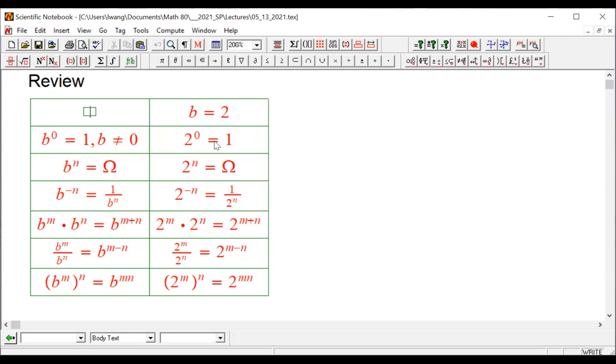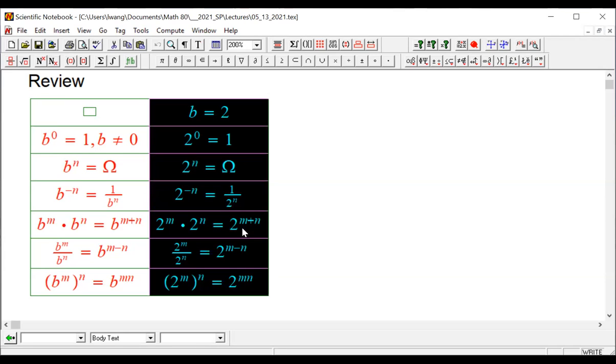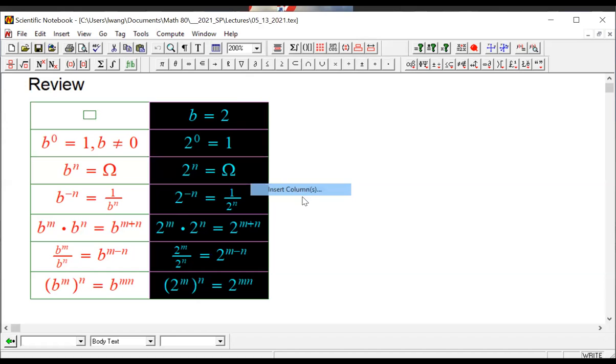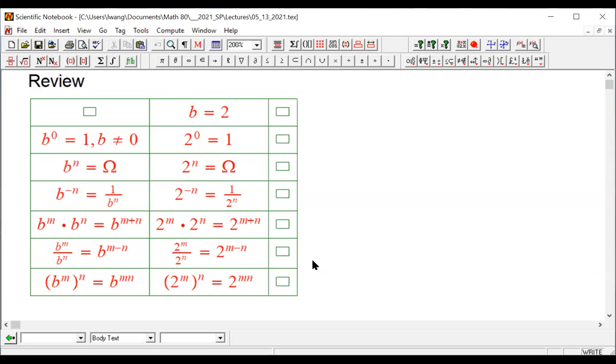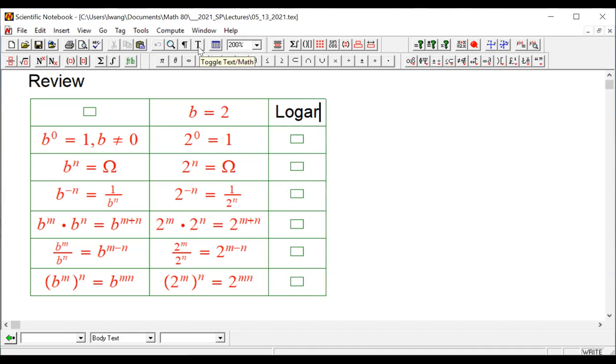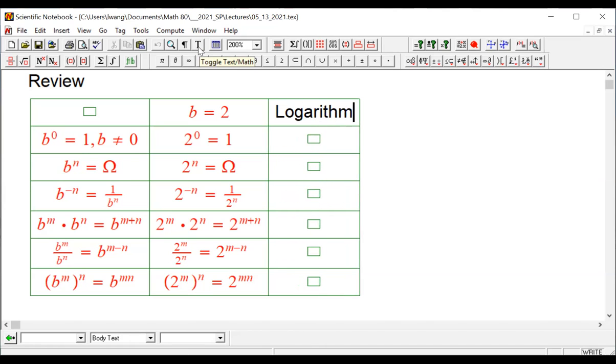Okay, now we're going to introduce logarithm. Logarithm is just a notation, but it involves some definition.